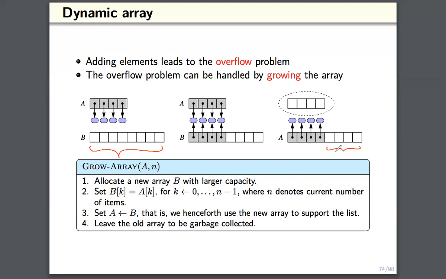So we can add a lot more elements, and we don't need to resize until this is completely full. Once this is completely full, again, we create another array, double the size of this, copy all these things here, and A points to this, and this will be garbage collected. This keeps repeating. Repeat this process.